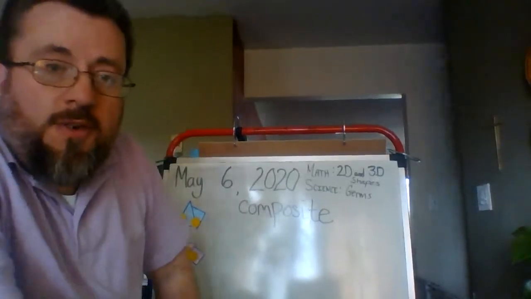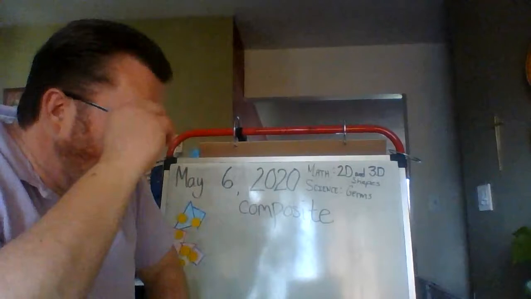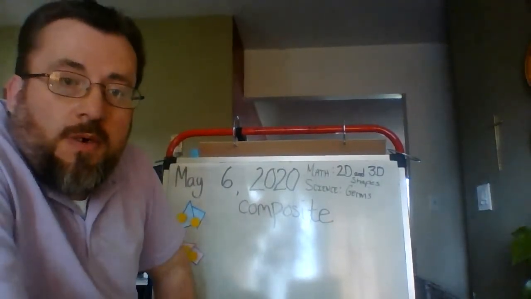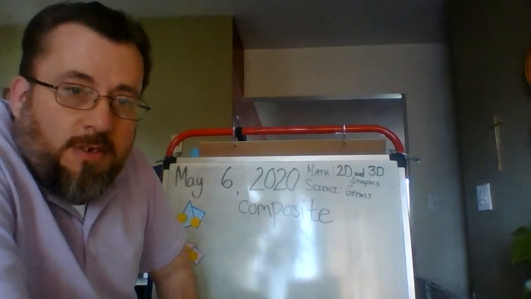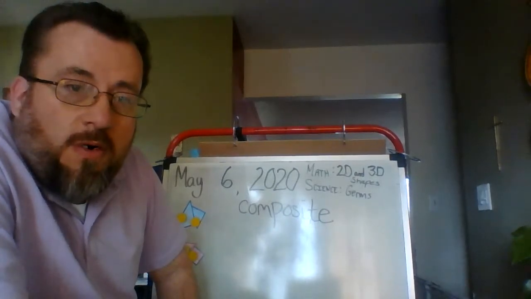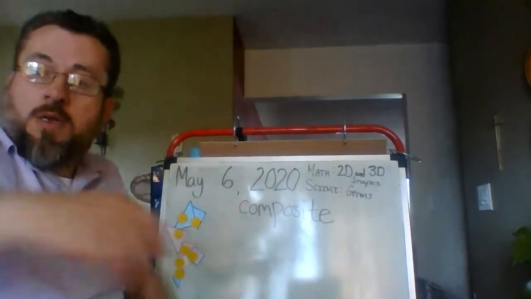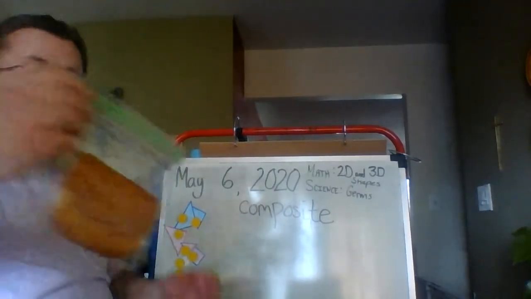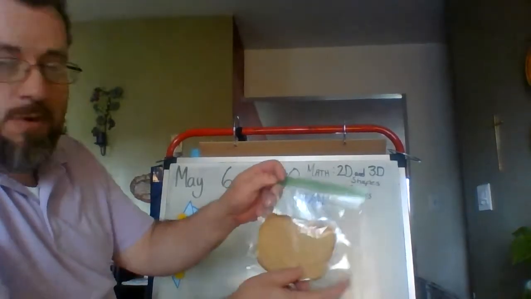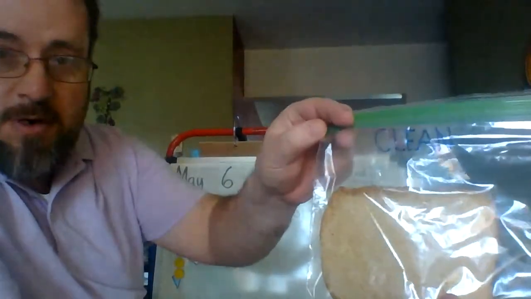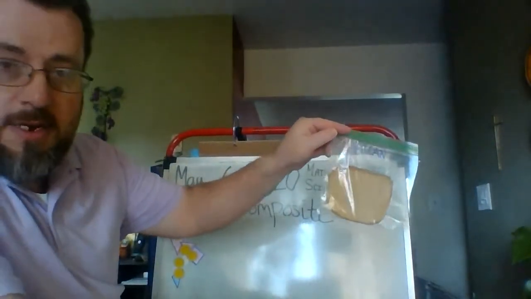The other thing you need to remember to do this week is to continue to do your daily scientific observations of your germ experiment. If you remember, on Monday, I discussed how to take your bags that are marked clean and dirty and put a piece of bread in each one.